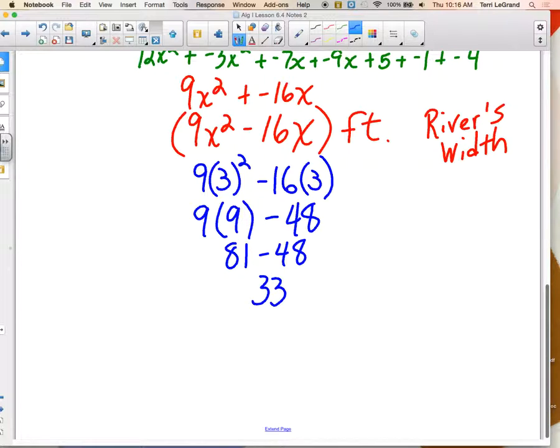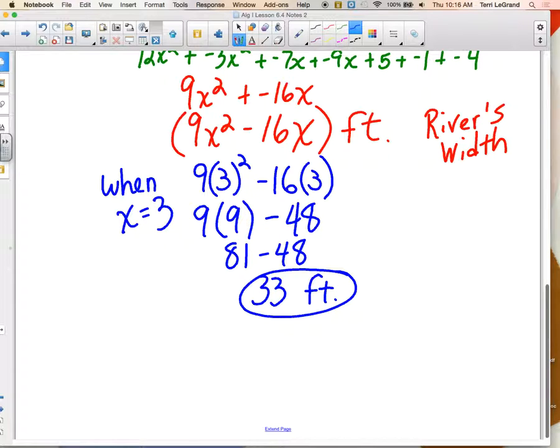And that's 33 feet. So let's put over here, when x equals 3, the width of that river is 33 feet.